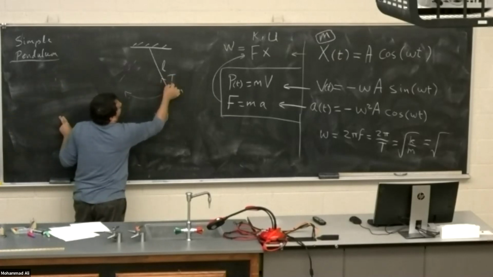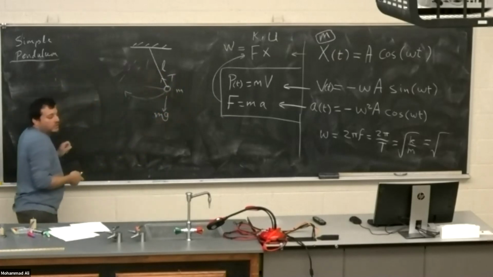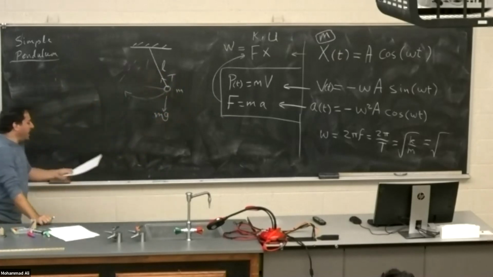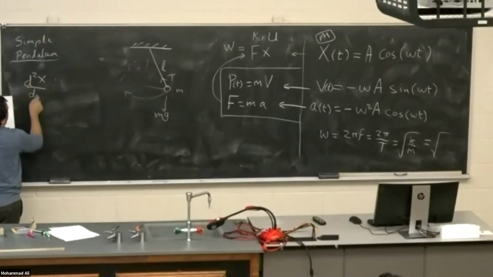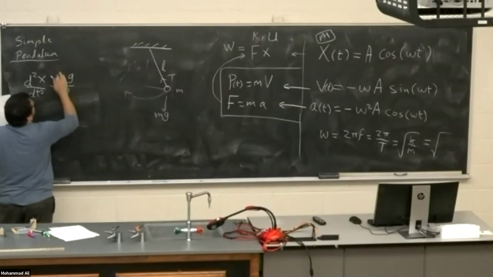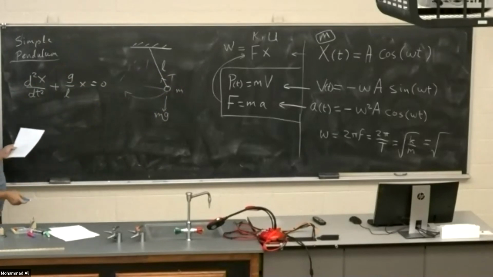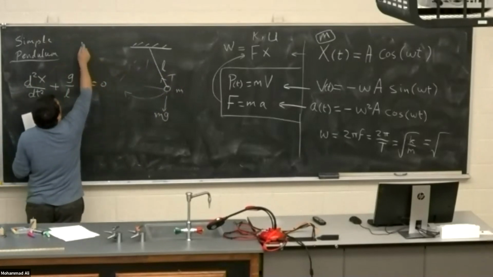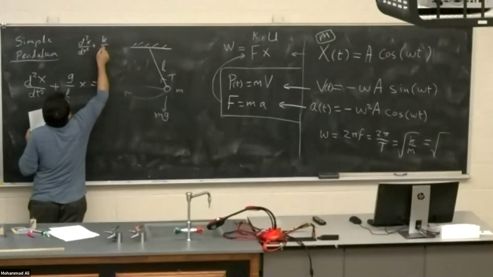We have the tension force here. We have the length, we have theta. Then we have the final equation like this: d2x by dt squared plus g over L x equal to 0. If you remember, we just write it here: d2x by dt squared plus k over m x equal to 0.